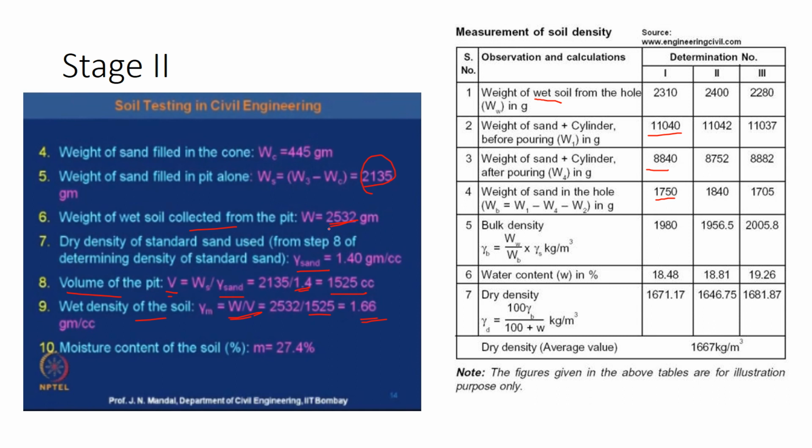Now, in this stage, we know what is the weight of soil that we have collected. So the weight of soil by volume of pit will give you the density of the soil. So from the density, we can find out what could be the dry density, what could be the void ratio, same like previous stage.